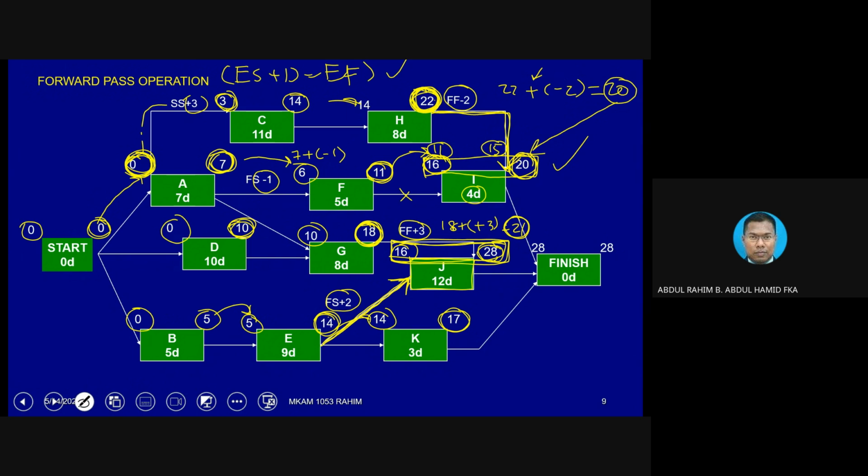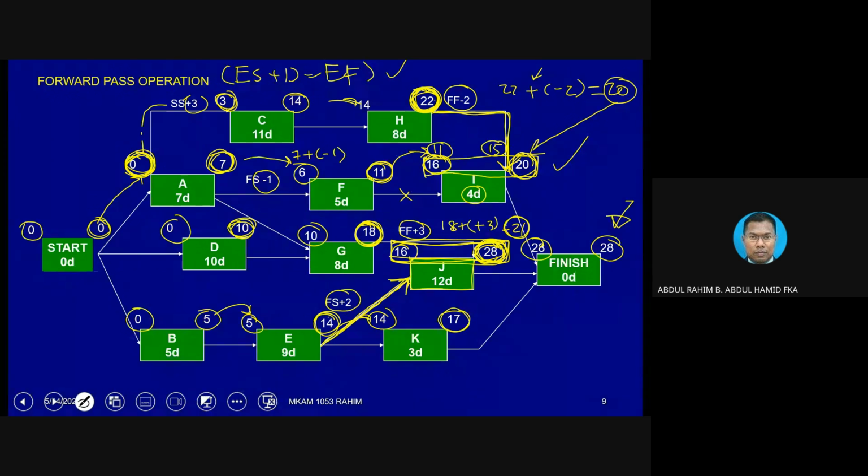Now we have completed boxes I and J, and we notice that this value 28 is the maximum number inside these boxes, and we know that the project is going to end in 28 days. This is the project completion days, and we can put this value here in order to complete the finish milestone. 28 plus 0 is equivalent to 28. So we know that the project completion date is 28 days. That will be the forward pass.